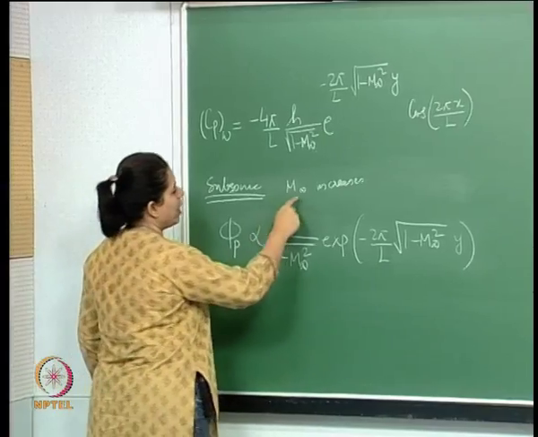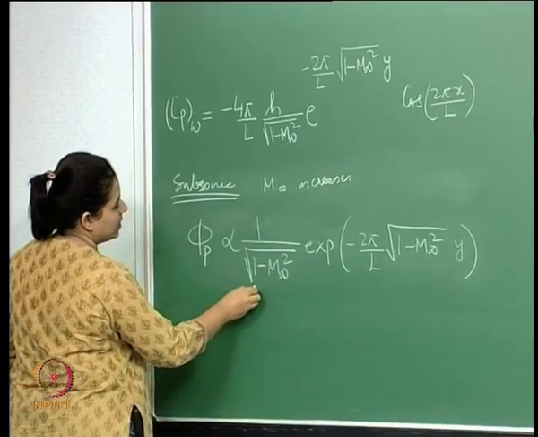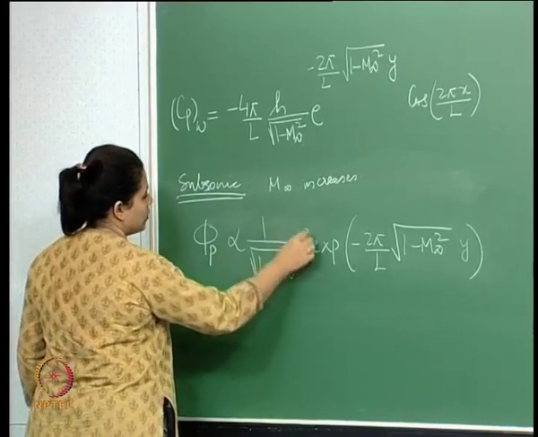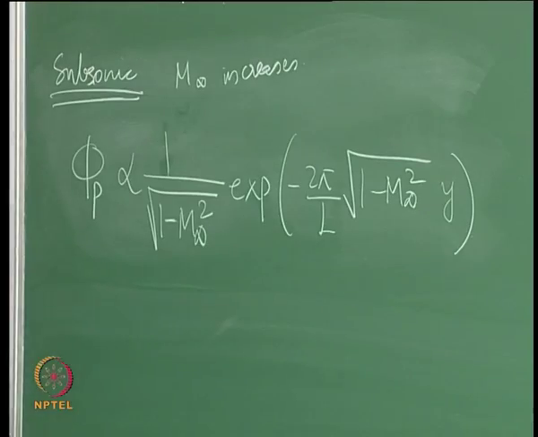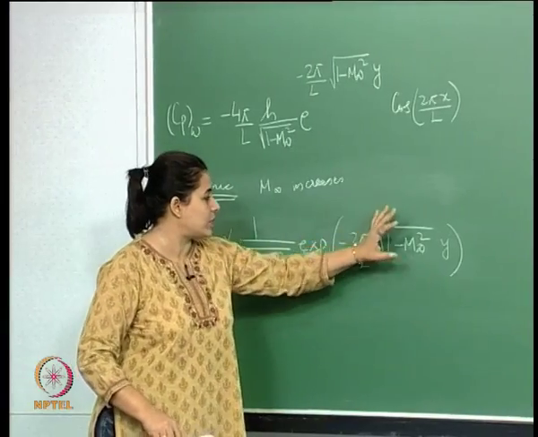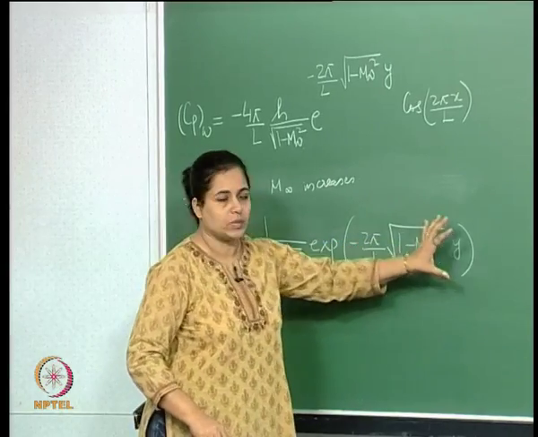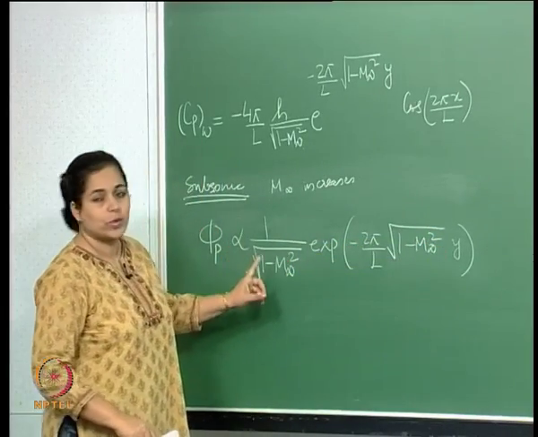Now see, if Mach number increases, this term basically decreases, so this term increases. Now this has to correspondingly decrease to keep the proportionality correct.